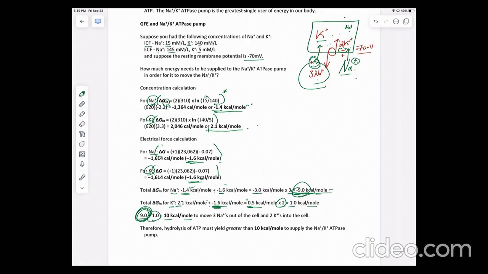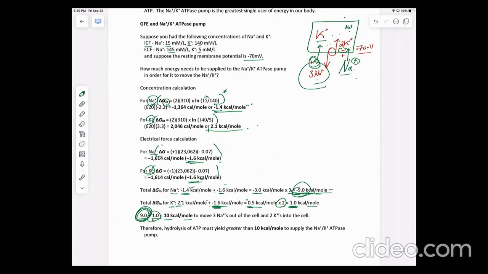Okay? So here, what I'm wanting to do is push potassium into the cell. Well, I don't need to flip the sign there. I'm already there. That's 1 kilocalorie because, again, the equation is assuming I'm pushing potassium in, so I don't need to flip the sign there. So that gives me the 1.